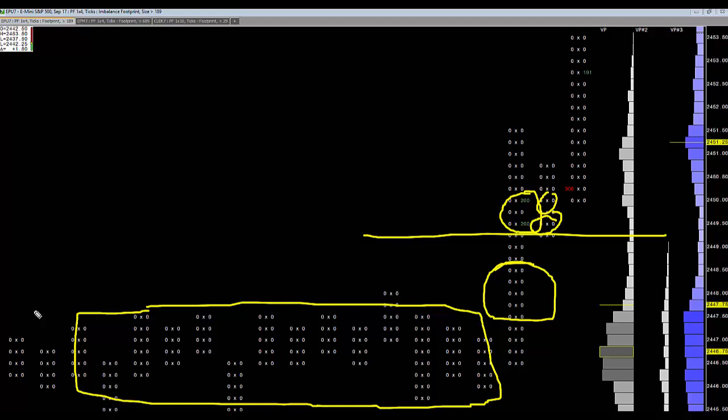It's not just a location to execute, but also a place to get the hell out if you're wrong, without the whole world having their stops there. Because if you're in with a bunch of other people with your sell stop, it's going to get elected.